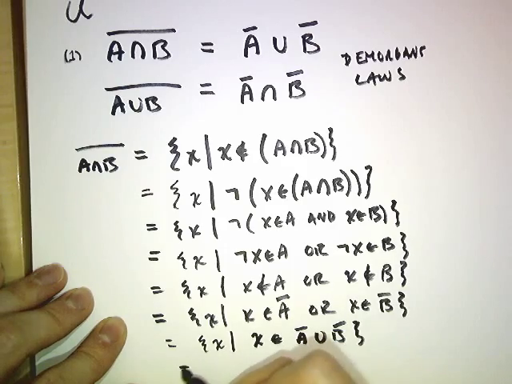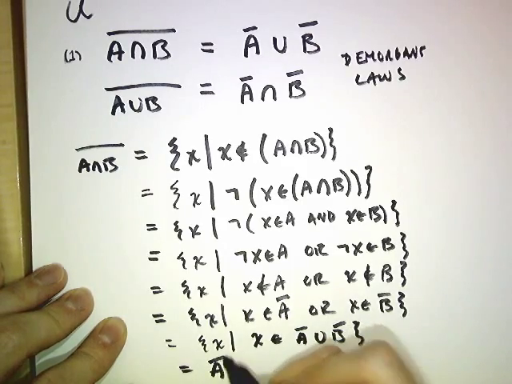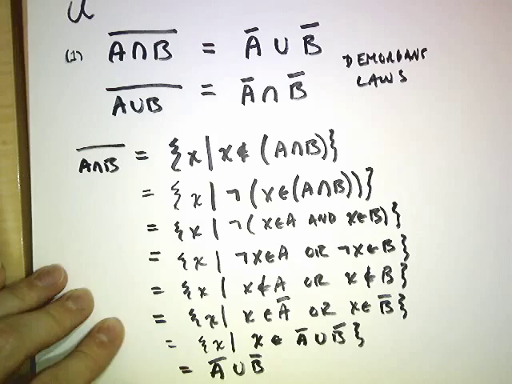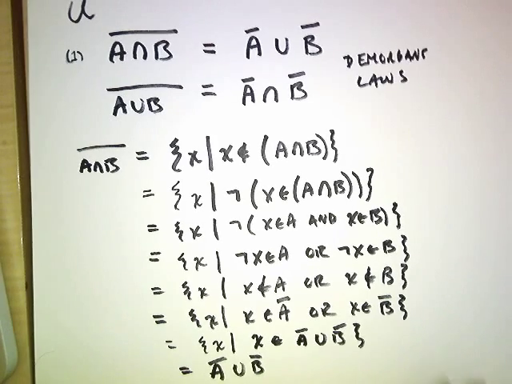And this is just A complement union B complement. So I guess the point of this is just to say that the De Morgan's laws for sets follow. Where did we use De Morgan's law for formulas?